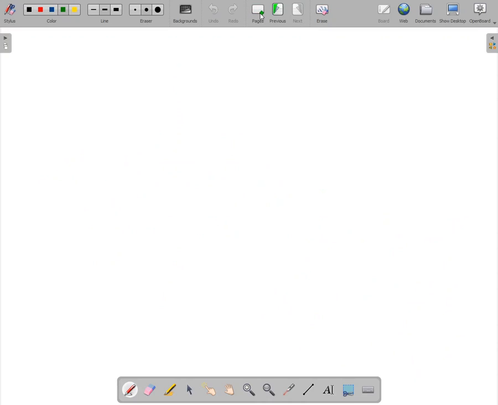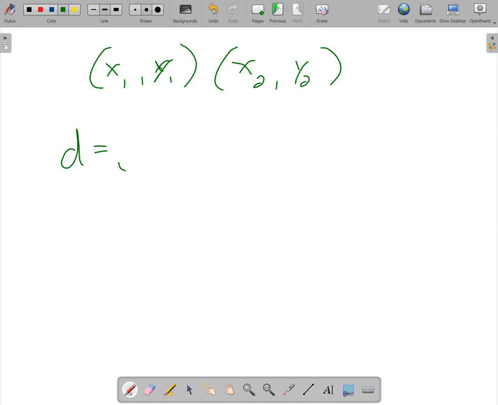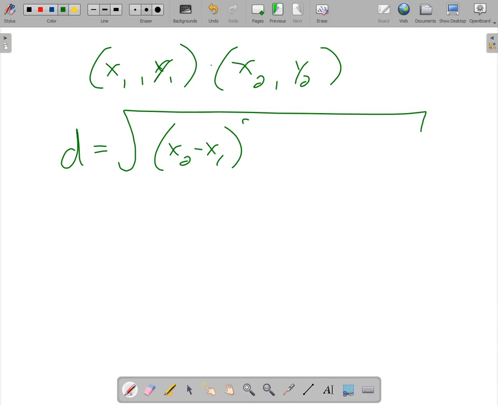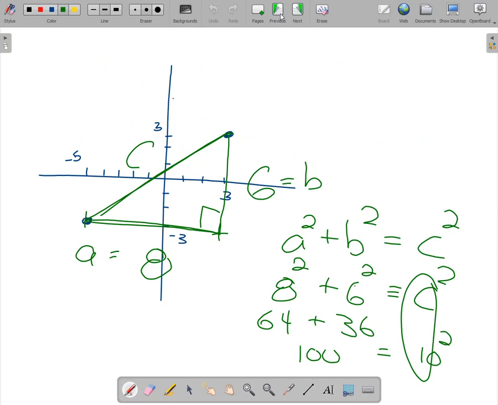If you Google the distance formula, you get this thing where they say you've got one point called x1, y1, another point x2, y2, and then they just say the distance is the square root of (x2 minus x1) squared plus (y2 minus y1) squared. All of that is in my picture without using x2, y2, x1, y1. So let's go back and look at my picture and see that all of this is there without using that notation.